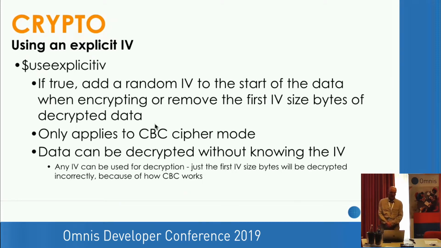Basically, it will add a random IV to the start of the data when encrypting, and then when decrypting, we can remove the first IV size bytes of decrypted data from the start of the decrypted data. This is a technique that they use, I think, in TLS to avoid having to ship these random strings around. But like I say, this only works with CBC.